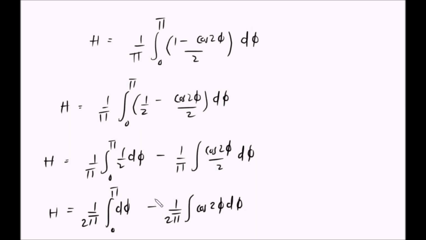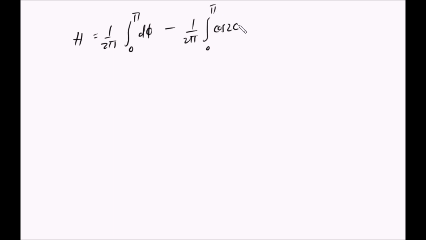Let me start a fresh page here, it is full. So I have reached here: h is equal to 1 over 2 pi from 0 to pi integrate d psi minus 1 over 2 pi from 0 to pi. So here we have cos 2 psi d psi.